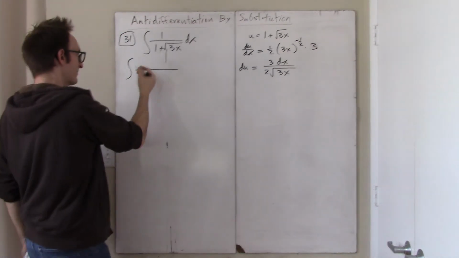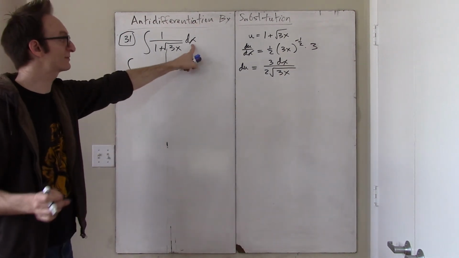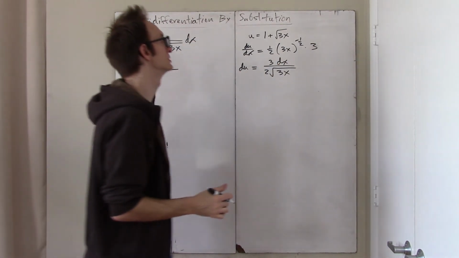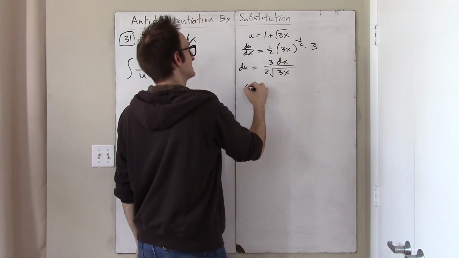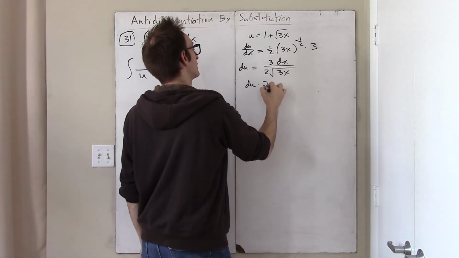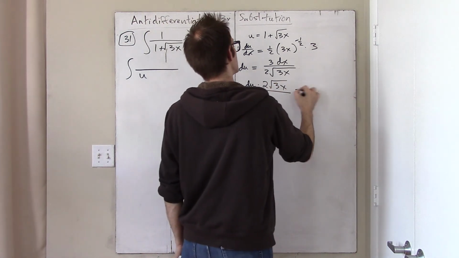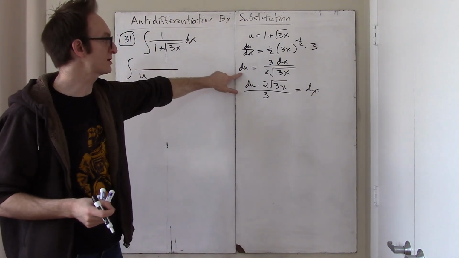One step is already done: the bottom is just u now. If I can just figure out what dx is, I'm done. So I need to write dx in terms of u's. I get that du times 2 root 3x over 3 is dx, just by doing algebra on the previous line.